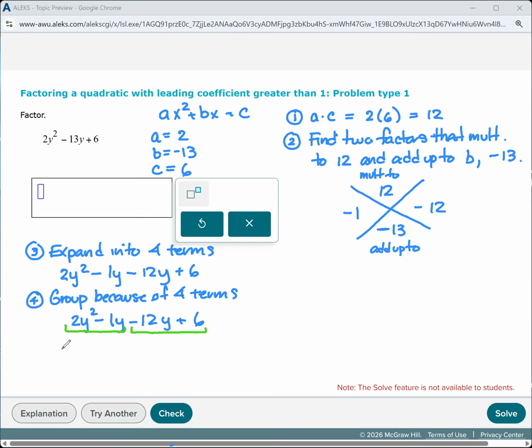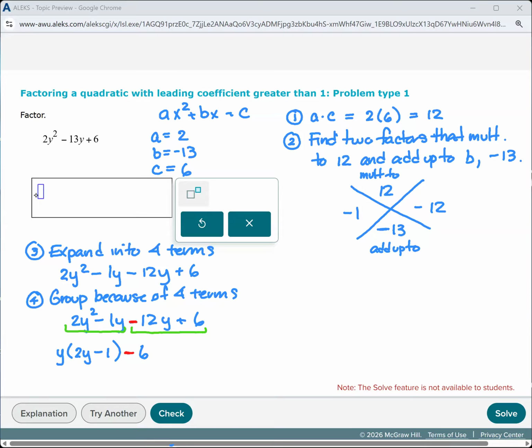I can factor out a y in my first group, right? So I have y, and I have 2y minus 1. And remember when I said I have a minus here, right? Because I have a minus, I'm going to factor out that minus. And between 12 and 6, I'm going to factor out a 6, right? So I have a -6.